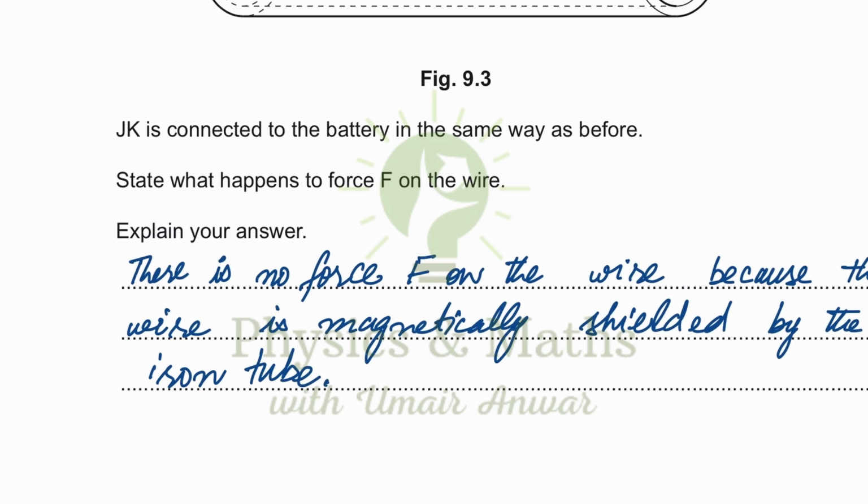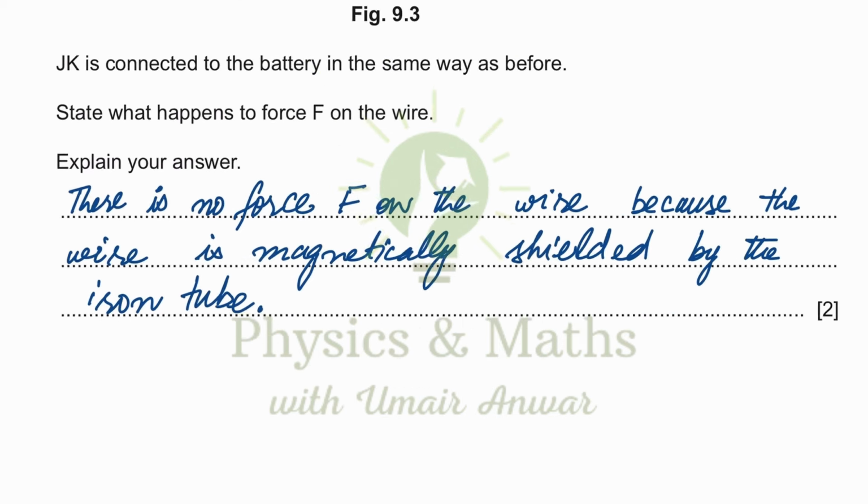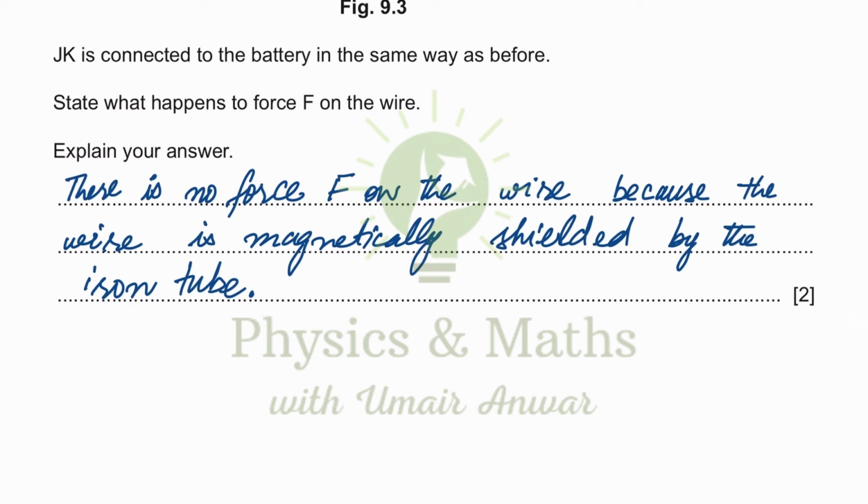So the iron tube is the material through which the magnetic field lines would be passing, and there would be no interaction between the two magnetic fields now.